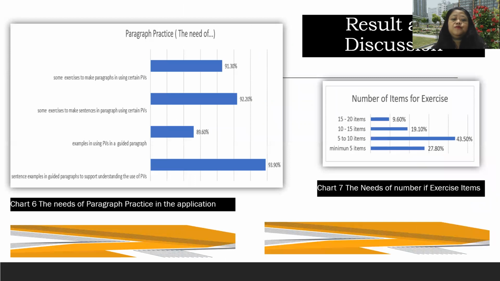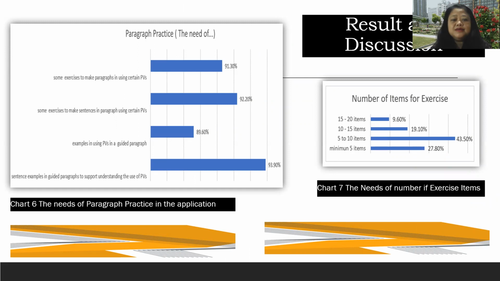So let me continue with the next one, the paragraph practice. When we talk about the exercises, we also asked whether they need paragraph practice or not. So what do they need? There are 4 questions they have to answer, and almost all of them reach 90%.